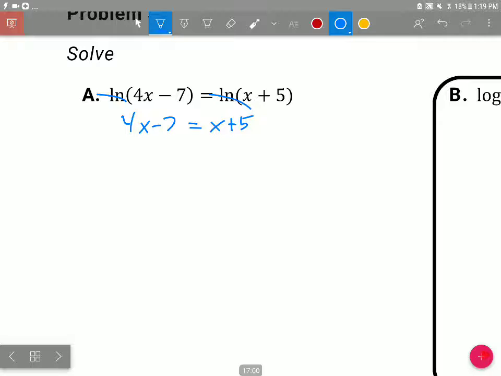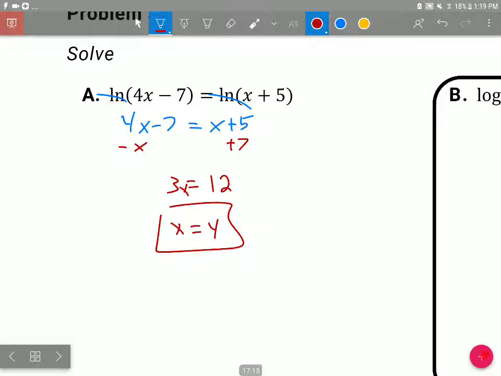I want to go to the left too. So x goes left, number goes right. 4x minus x is 3x, 7 plus 5 is 12. So x equals 4. You'd have gotten the same answer if you'd gone to the right. You would have gotten negative 12 equals negative 3x, minus x, and you would have still gotten 4.